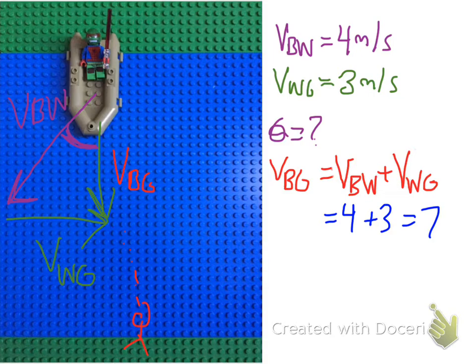the right triangle. So what we're saying is that we have velocity boat water going like this, plus velocity water ground like this, is going to result in velocity boat ground pointing straight down. So we actually have to use Pythagorean theorem.